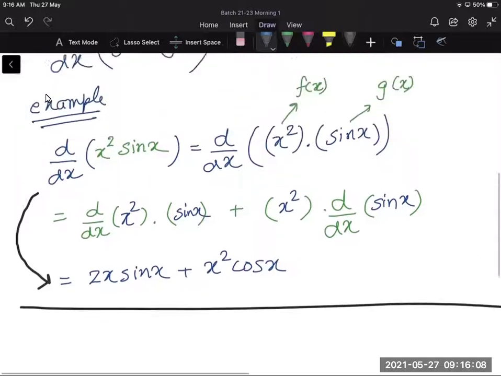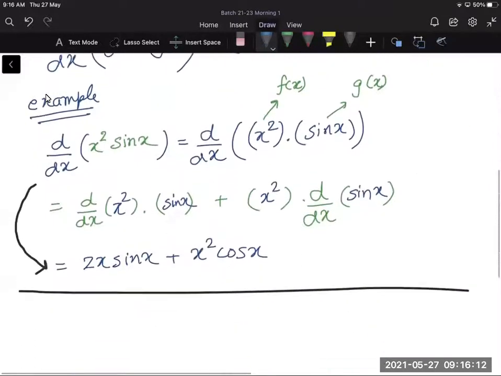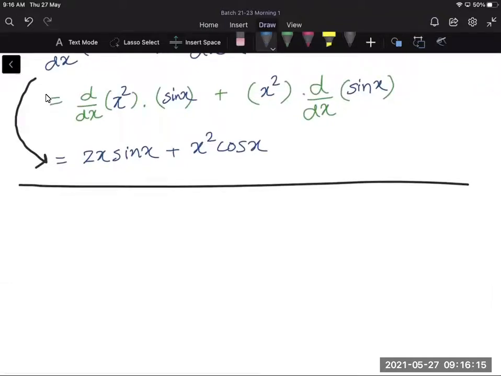So your turn to apply this now. Please write this in your copies. Just let me write the questions and then I'll zoom out.